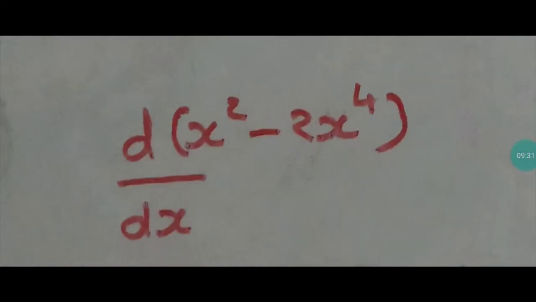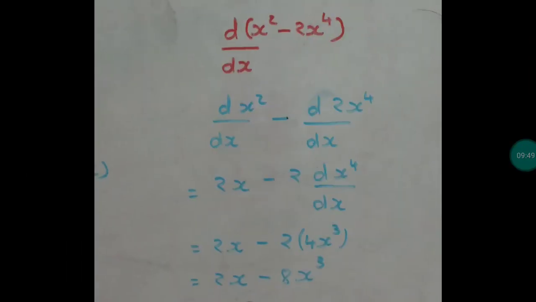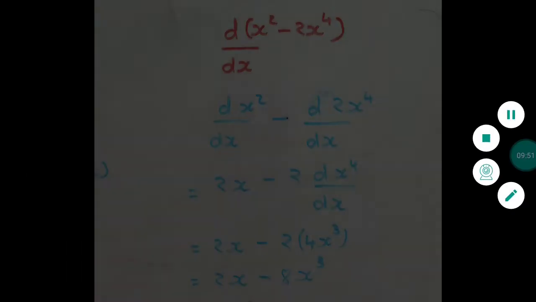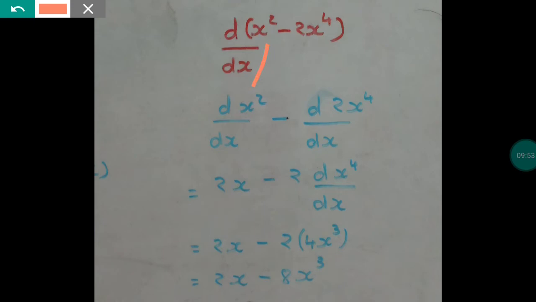Got it? Another example, d/dx of (x square minus 2x raised to 4). Okay, now here, this is in the place of u, this is in the place of v. Use the formula. This is how it is done. See now, this x square is written over here.